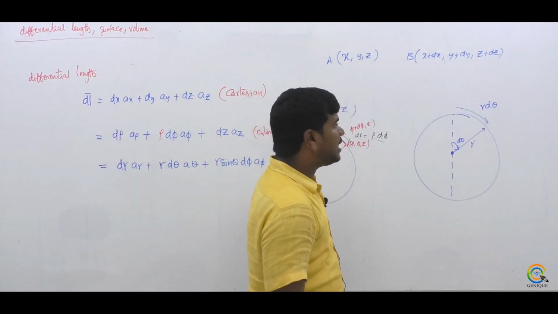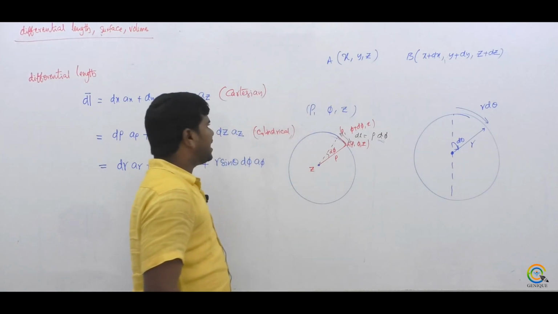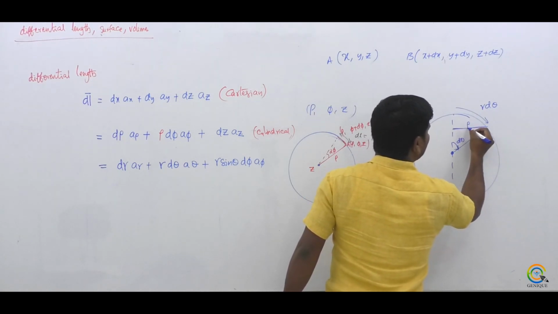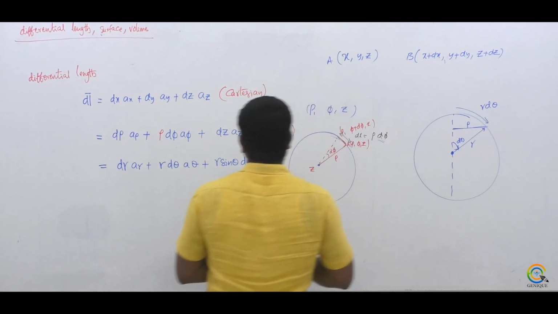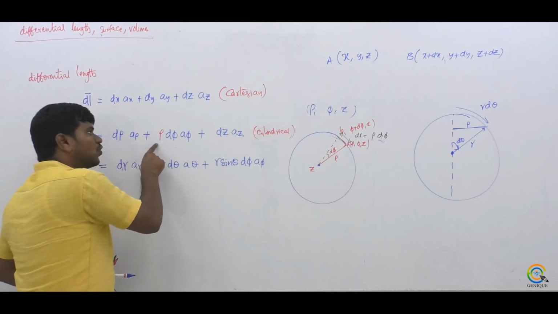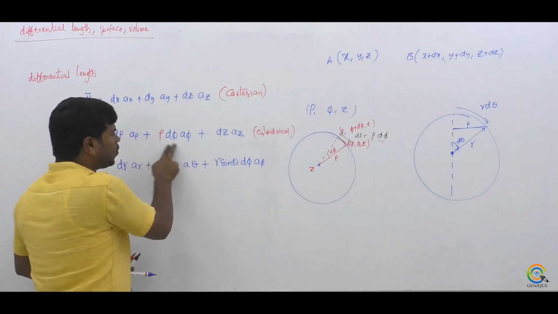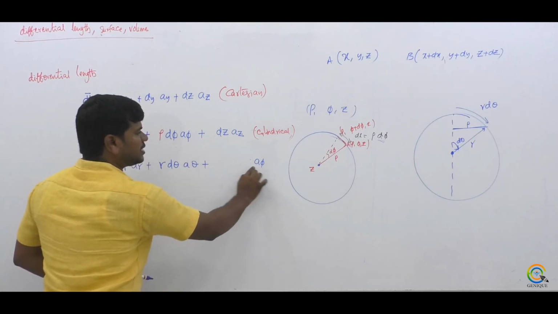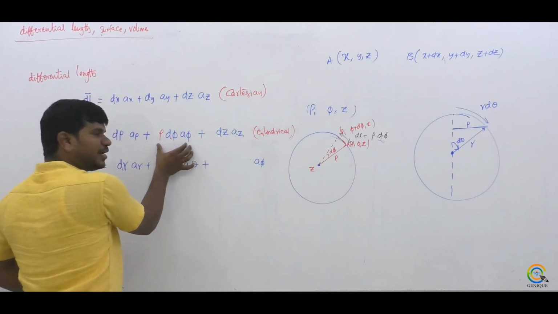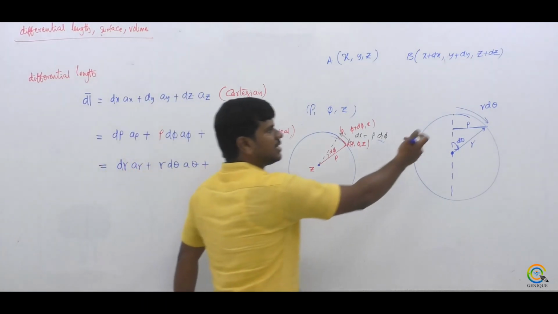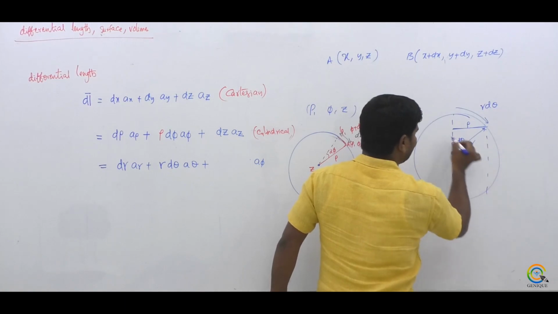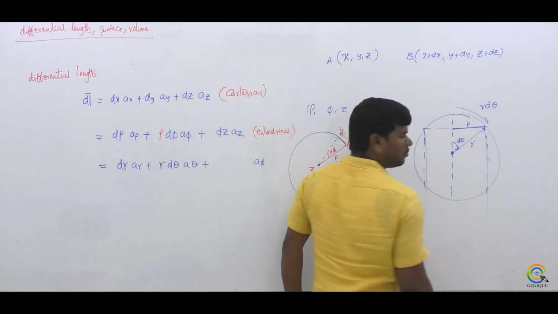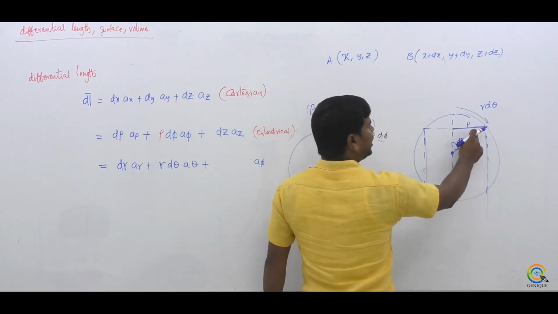Okay, what is the differential length in the phi direction? We already know this is rho. The differential length in the phi direction is rho into d phi, similar to the cylinder. If I assume a cylinder here, this is rho into d phi.